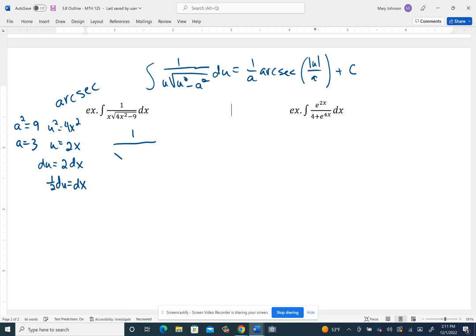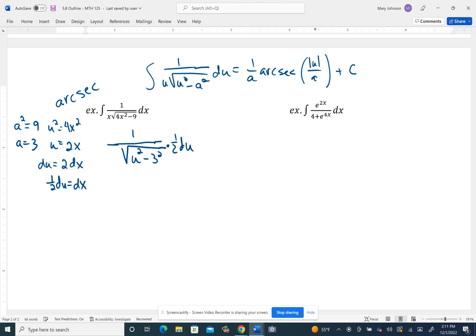We're going to have to figure out what x is, aren't we? Then I'm going to have the square root of, and the 4x squared came from the 2x being squared, so that's my u being squared. And the 9 came from the 3 getting squared. The dx I can see is 1/2 du, so I can get that in there.